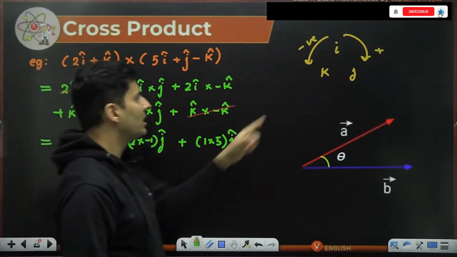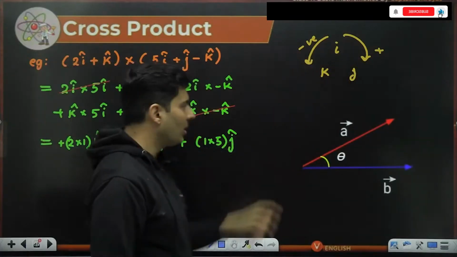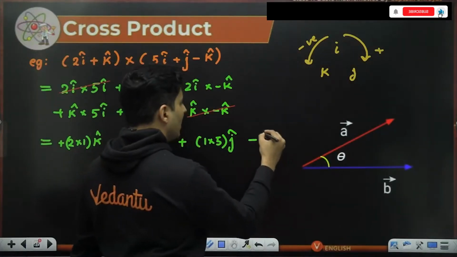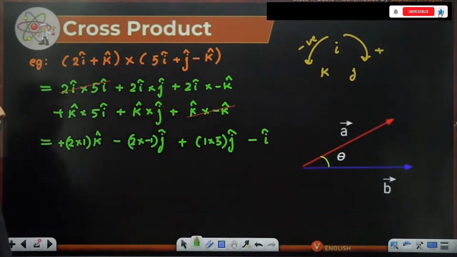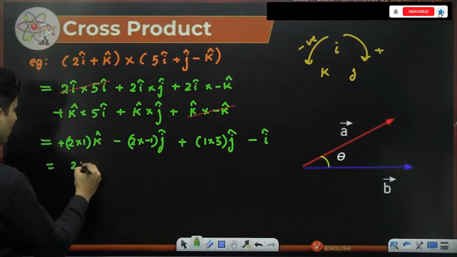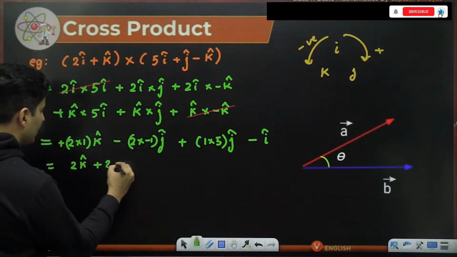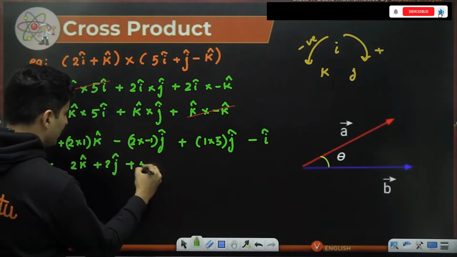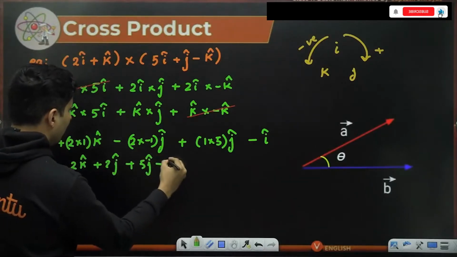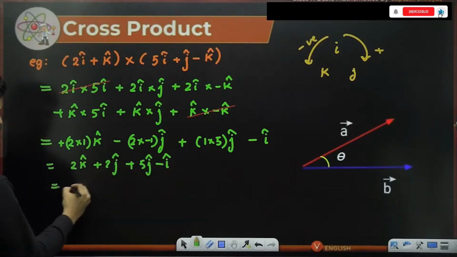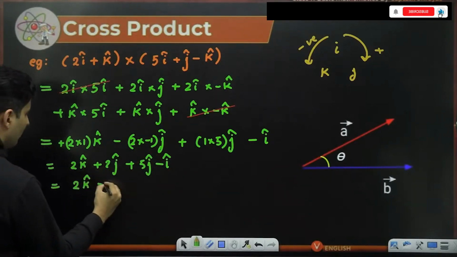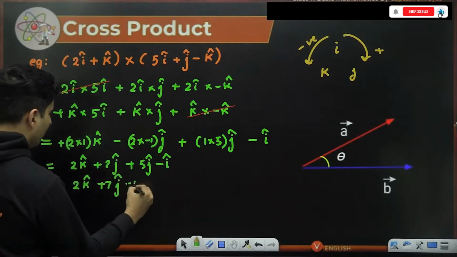Last thing, k into j means anti-clockwise, so it will be negative i cap. So this is going to be 2k cap plus 2j cap plus 5j cap minus i cap. So 2 plus 5 is 7. So 2k cap plus 7j cap minus i cap.